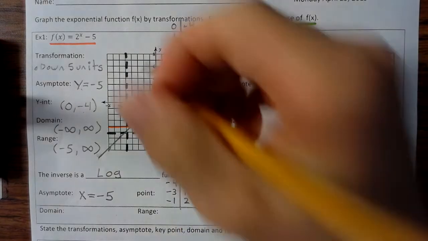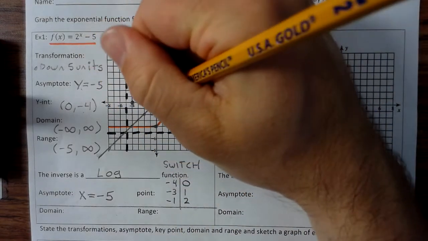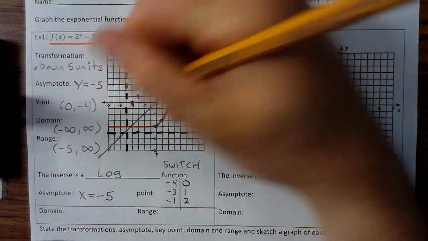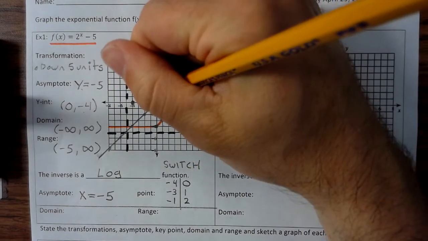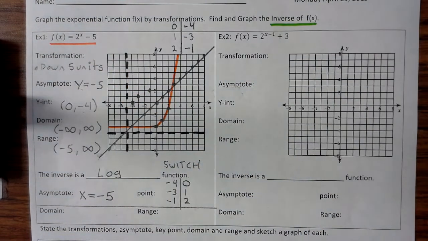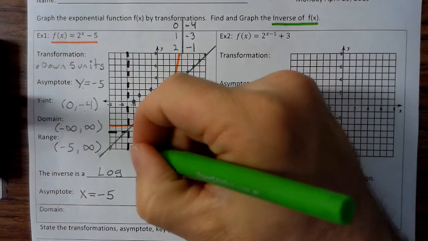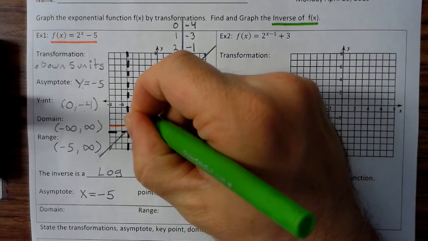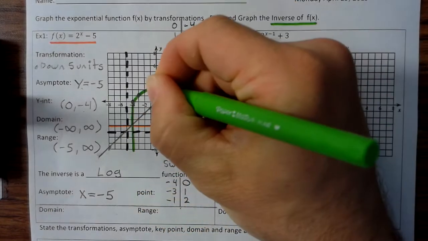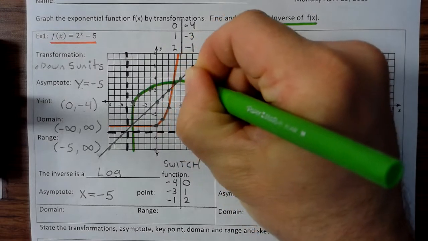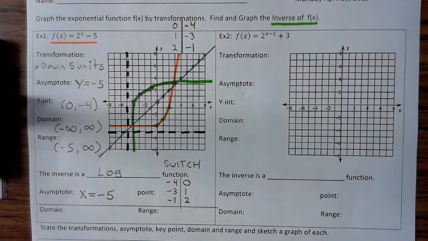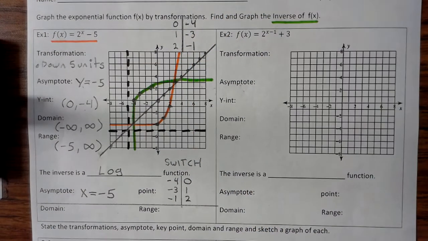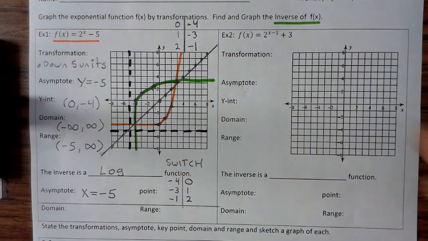So our new points are negative 4, 0, negative 3, 1, and negative 1, 2. So it falls along the asymptote and curves up. And you can see here that they reflect over the y equals x line.